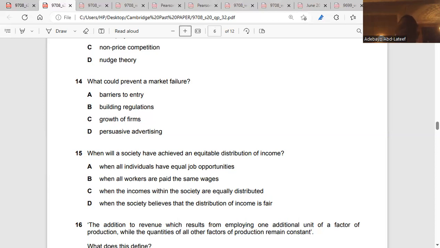Clear? So what could prevent a market failure? Barriers to entry will prevent a market failure because when there's a barrier to entry, it means new firms cannot come into the market. Is their inability to come into the market because they failed? No. So how is business failure now related to market failure?